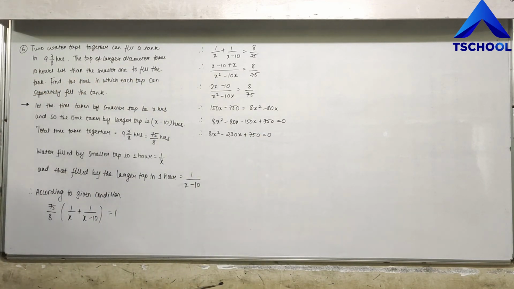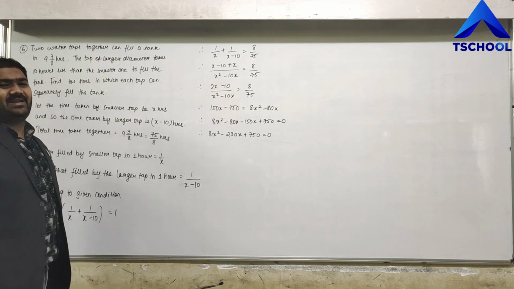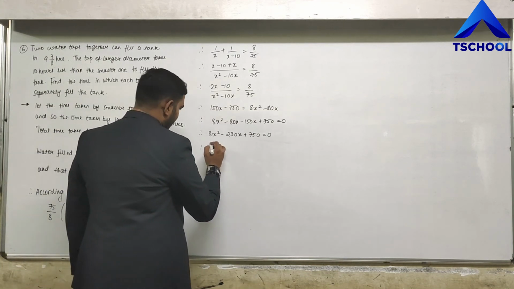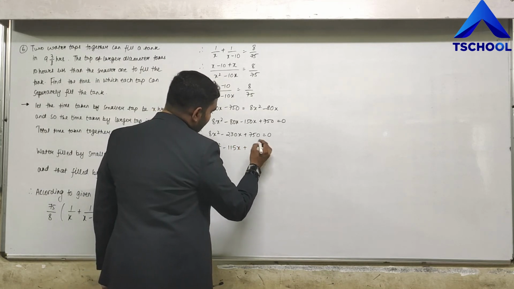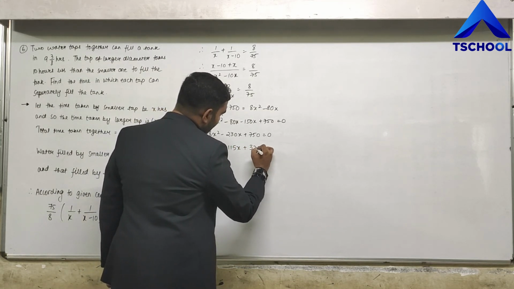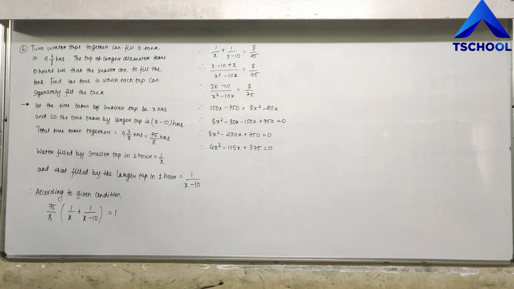Now, what can you write about this? Factors of 230. I need the factors of 8 into 750. I think 8 can be taken common or 4. Let us take 2 common first of all. 4x square minus 115x plus 375 equal to 0, right? So I need the factors of 375 into 4 such that it is 115.